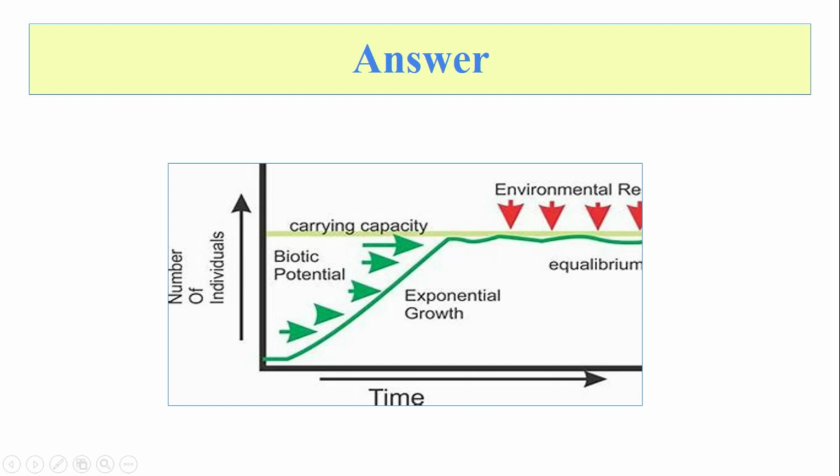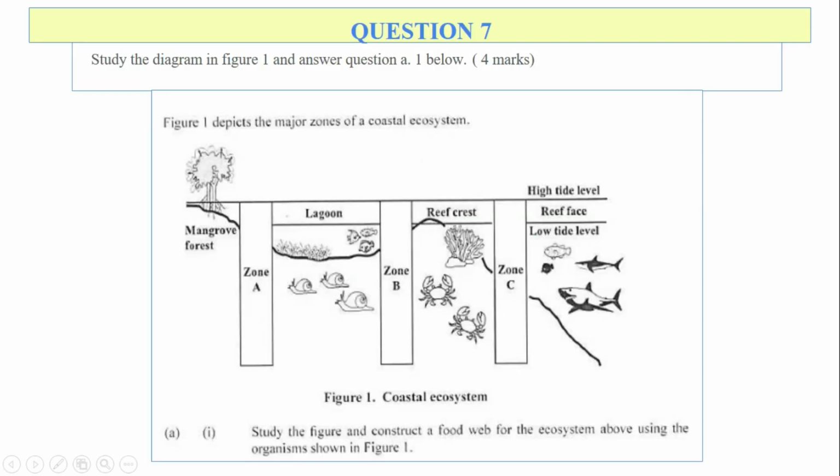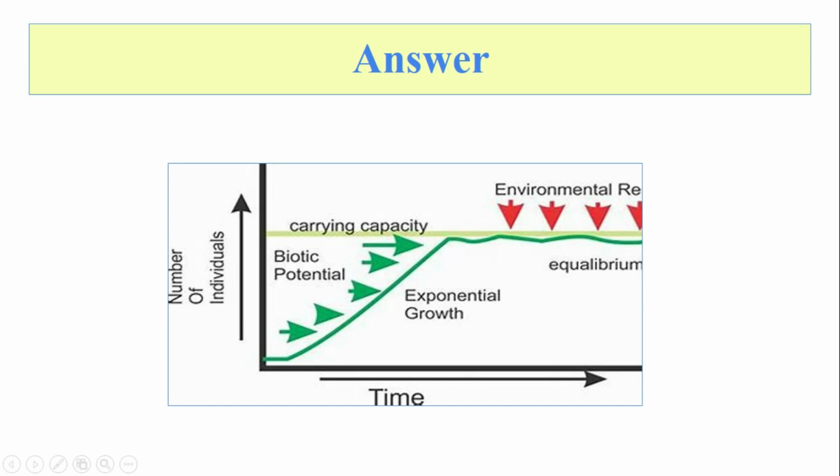As population size and population rate increase, it will eventually come to a straight line at the top, because environmental resistance, these factors like food, space and water, will cause the population to stop growing. Those factors that cause the population to stop growing are called environmental resistance.